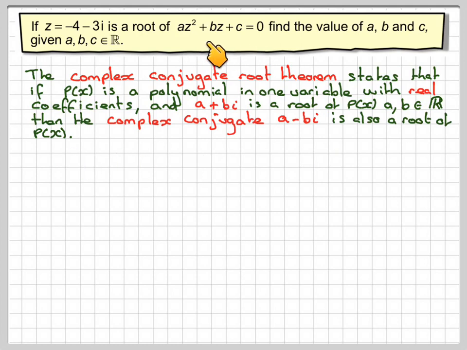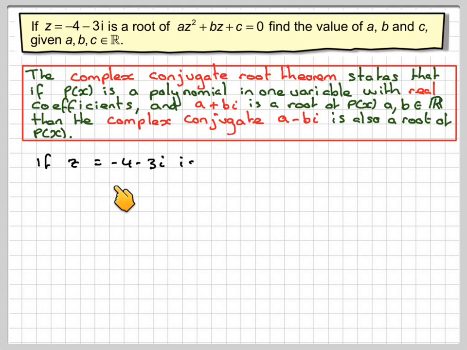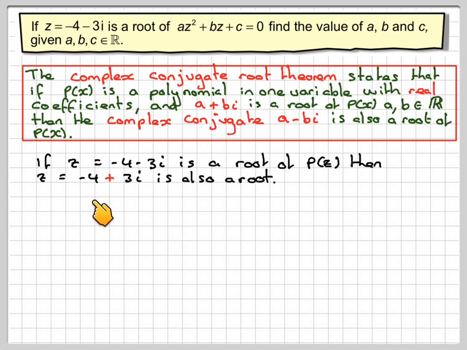So if my p of x is a polynomial of degree 2, which is a quadratic, and my coefficients a, b, c are real, then if a plus bi is a root of p of x, the conjugate is also a root. So what we're saying is, if z is equal to minus 4 minus 3i is a root of p of z, then z is equal to minus 4 plus 3i is also a root.